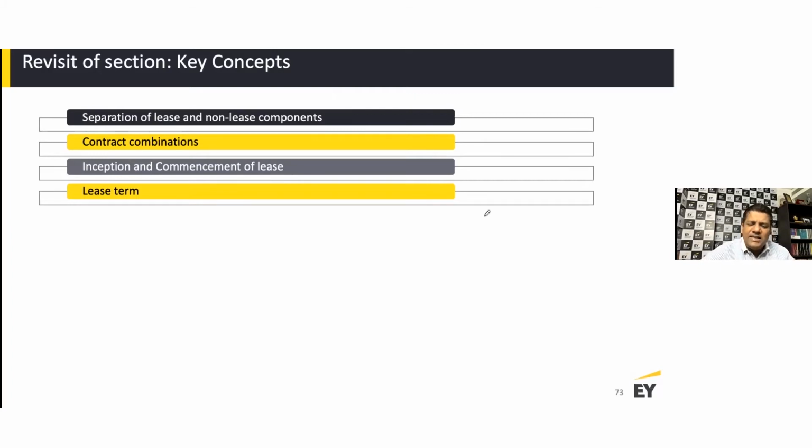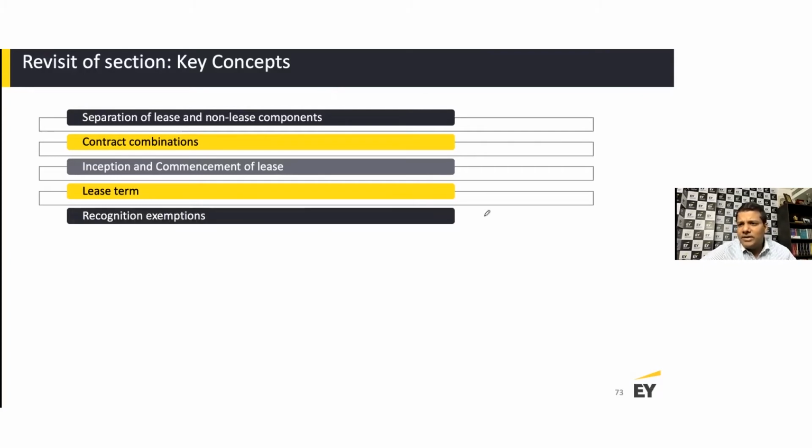If the lessee can terminate, then the lessee has to assess whether it is reasonably certain to renew or to terminate. We also saw an example where a significant amount of leasehold improvement was being done, and the existence of that leasehold improvement was a significant economic disincentive for the lessee to terminate, hence it was presumed that the lessee will renew the lease arrangement.